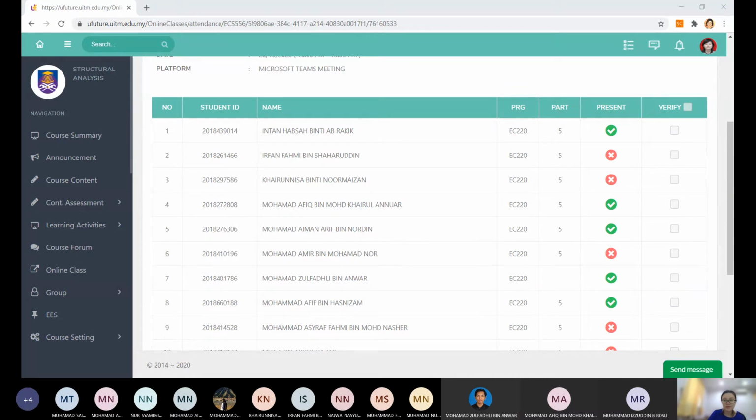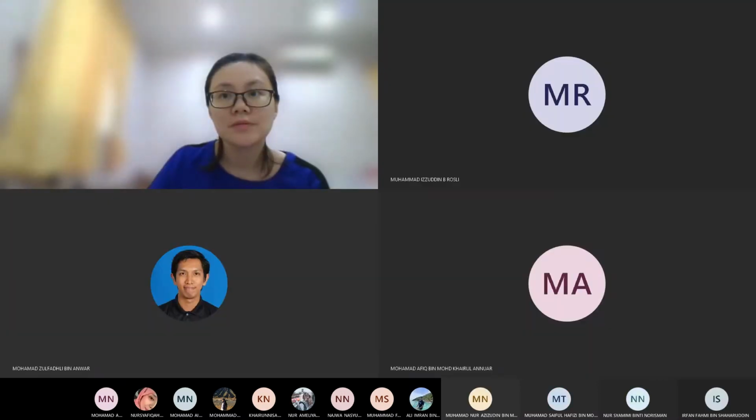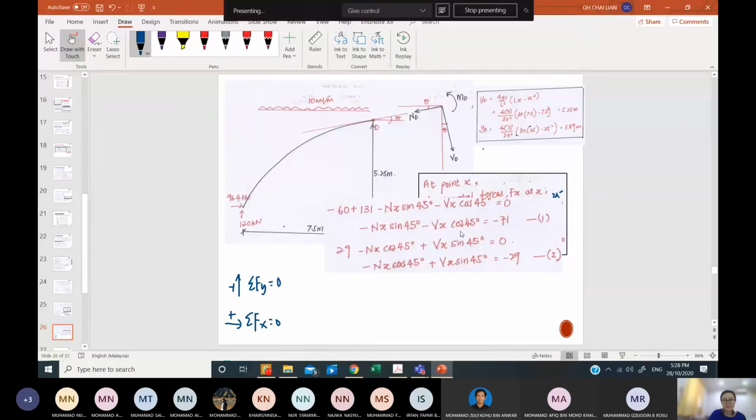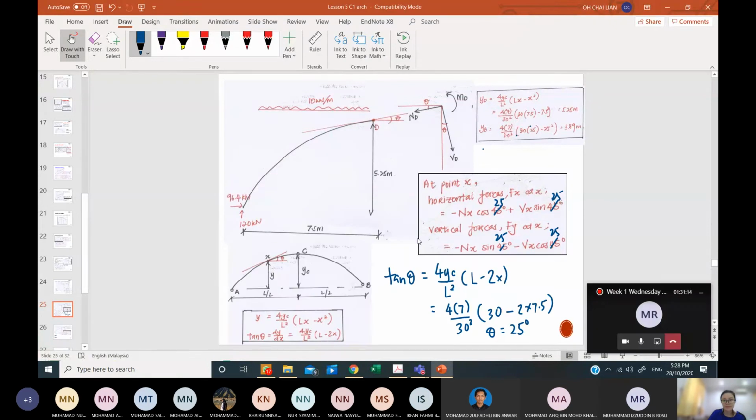Okay, I will show you right now. So this is the equation for you to determine your theta. Can you see my slide right now?